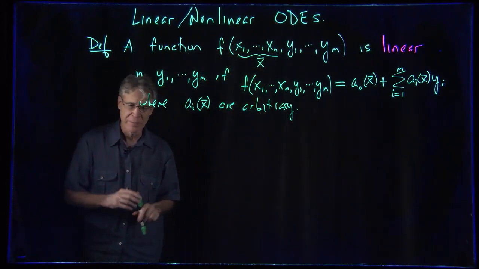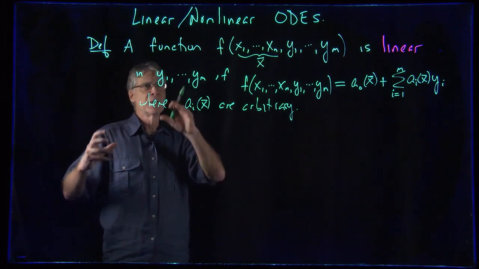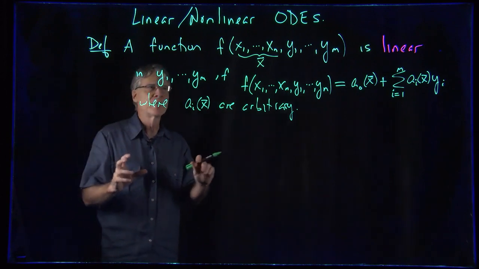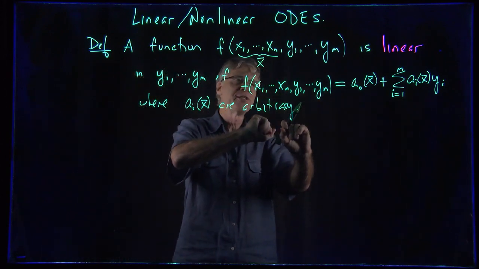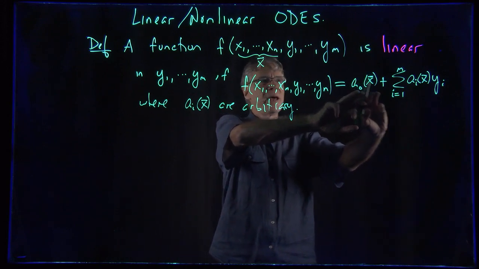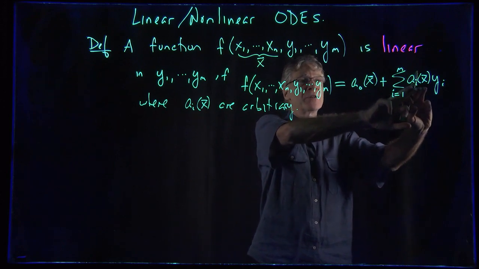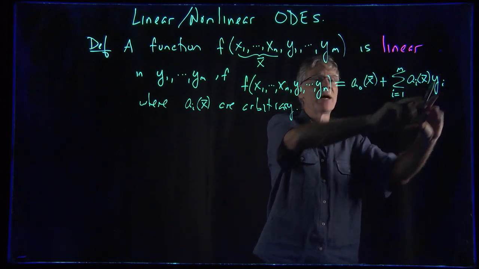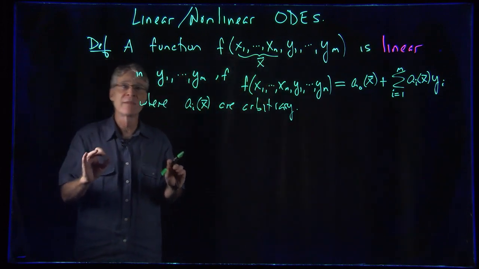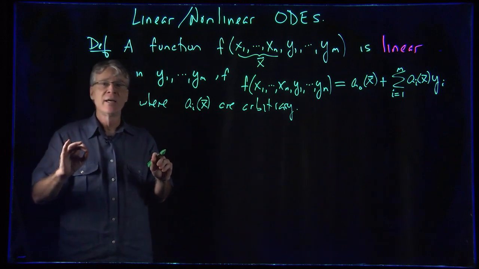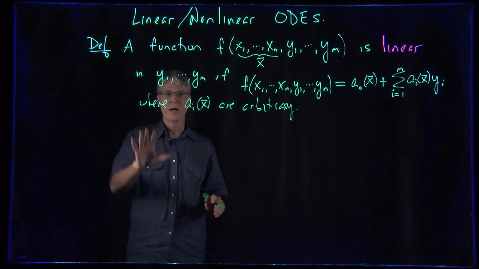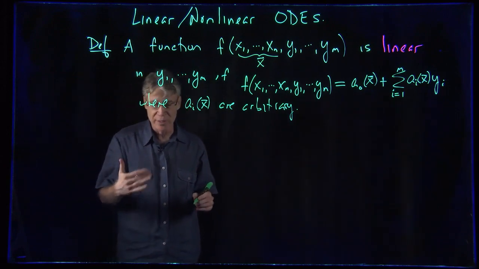So if we can take a function, and that function is a function of x and y, or x's and y's, and we can always sort of mess around with this function without changing it so that it looks like just some messy function of all the x's, and then a sum of messy functions of all the x's times just a y by itself, and each one of those pieces, those summands, is like that. Then we say that this function is linear in the y's. Okay, now that's a little bit odd, and this is not quite in the text. So this is the reason why we call differential equations linear.